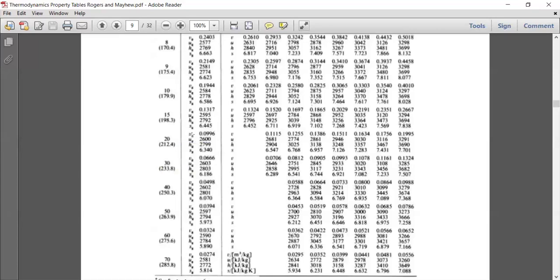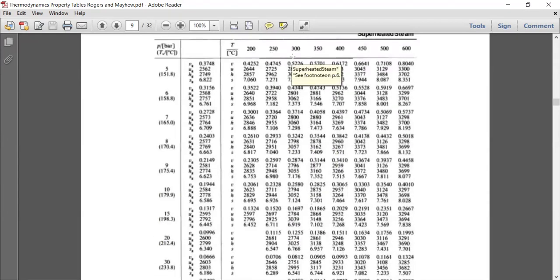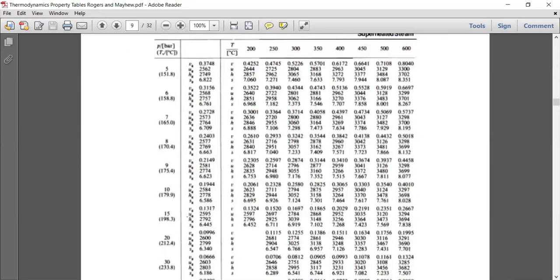Here is 300 and 18, so your values are somewhere in between 15 and 20.